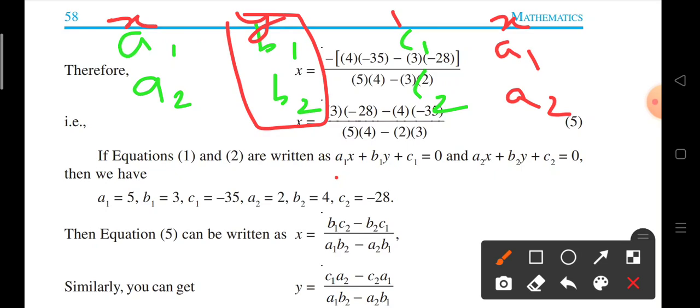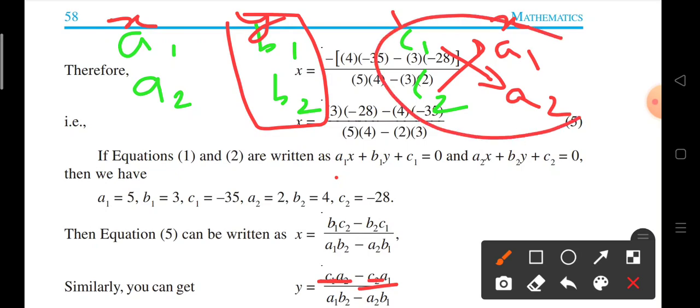So what we have to do is, we have to find the value of y. So c1 into a2 minus c2 into a1, and the denominator is same. Okay, so this is the way we get the value of y.